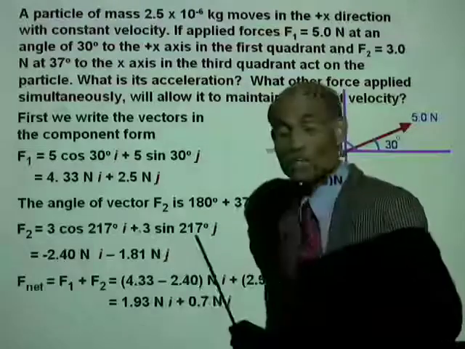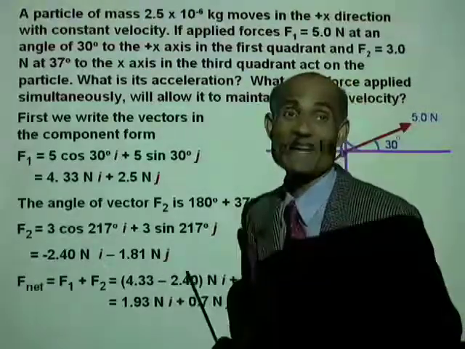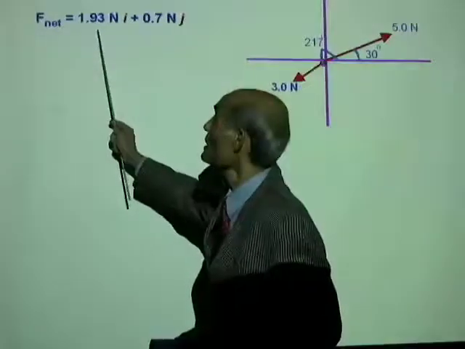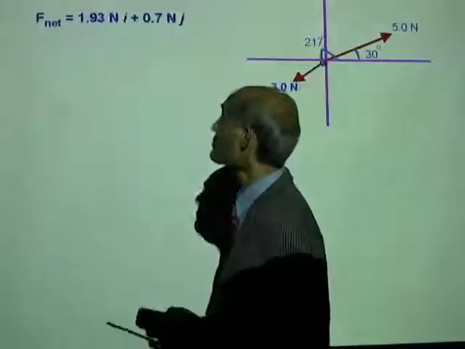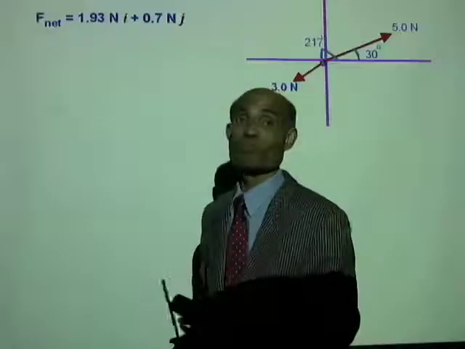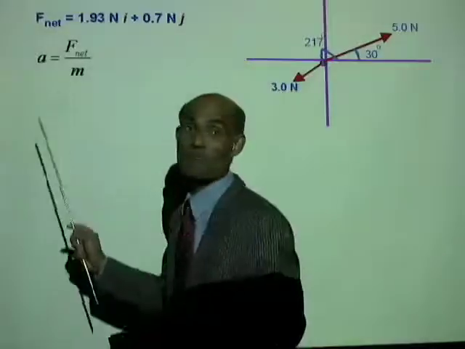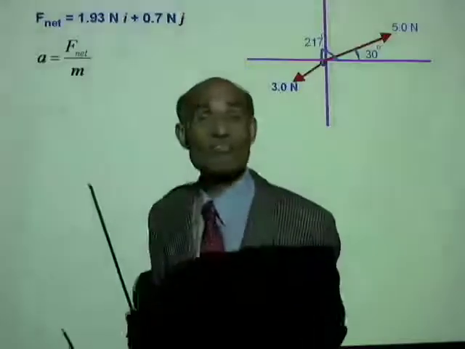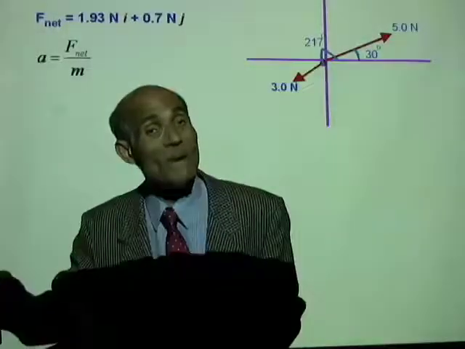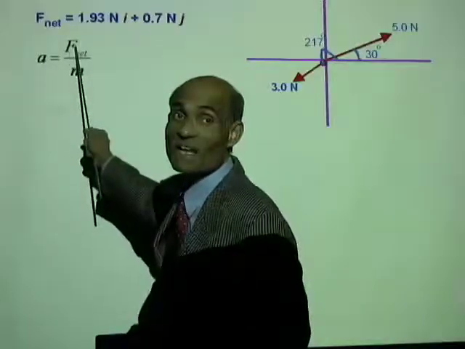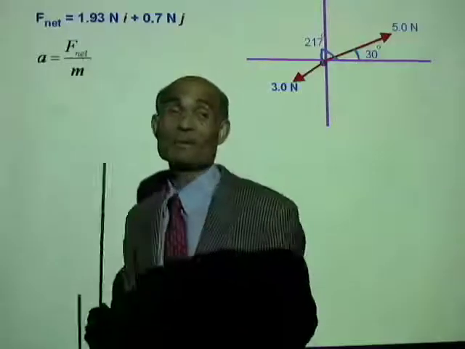This net force is now going to produce an acceleration. Alright, we have F net equal to 1.93 Newton I plus 0.7 Newton J. Now you know that F net equal to ma, therefore A, the acceleration, is F net divided by m.